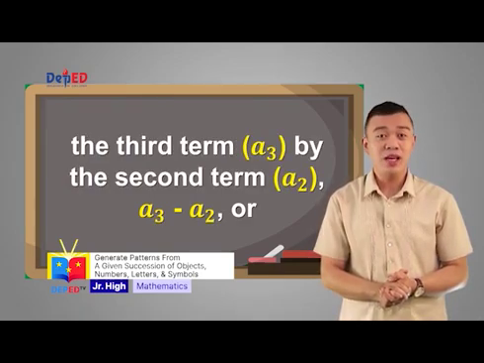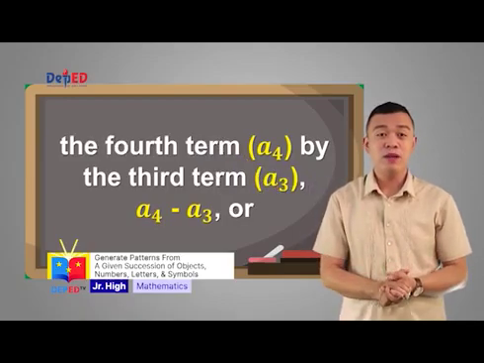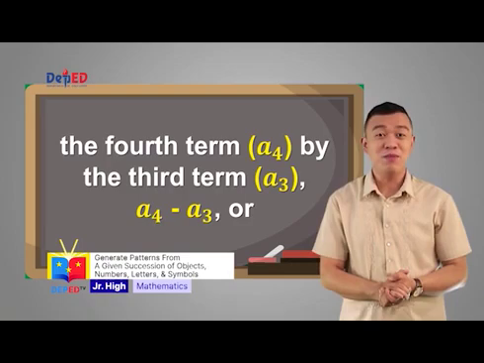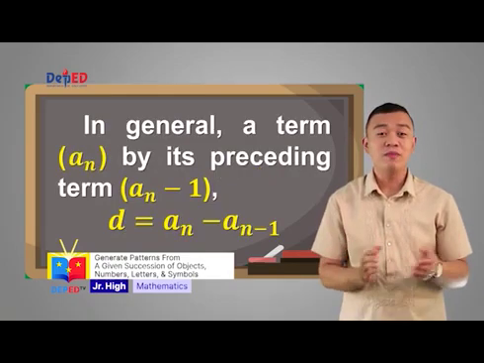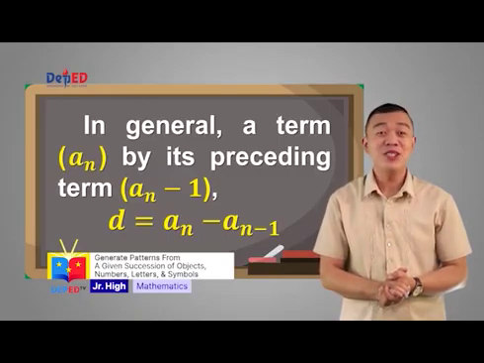That's a sub 3 minus a sub 2, or a sub 4, the fourth term, by the third term, a sub 3. That's a sub 4 minus a sub 3. Or, in general, a term, a sub n, by its preceding term, a sub n minus 1. The common difference is equal to a sub n minus a sub n minus 1.